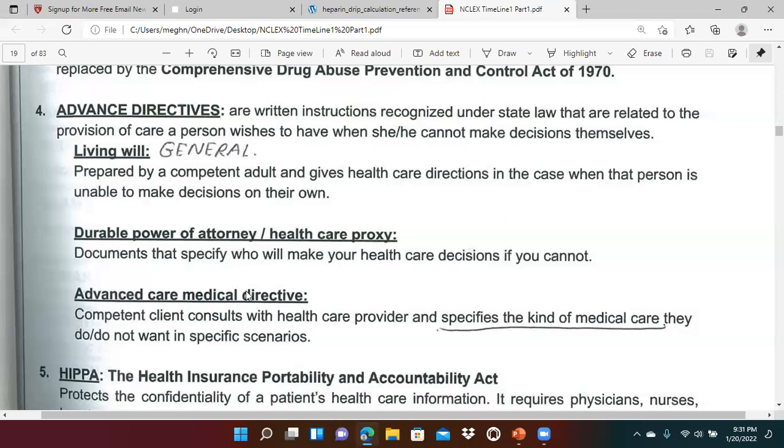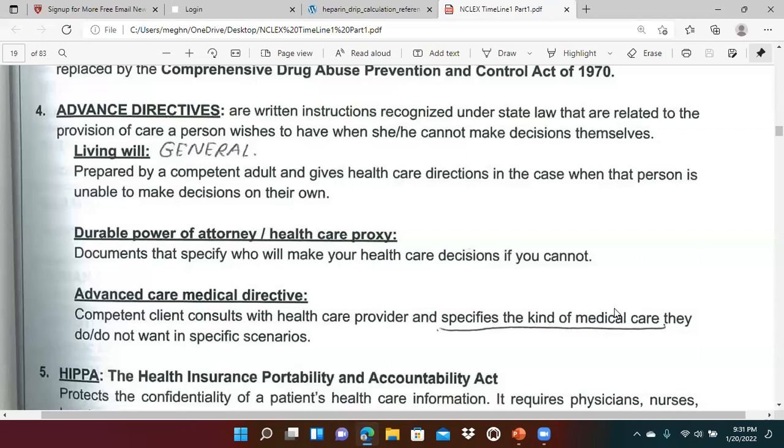advance care medical directives, where a competent client consults with the healthcare provider and specifies the kind of medical care they do or do not want, right, in specific scenarios. On the other hand, it is called a living will.